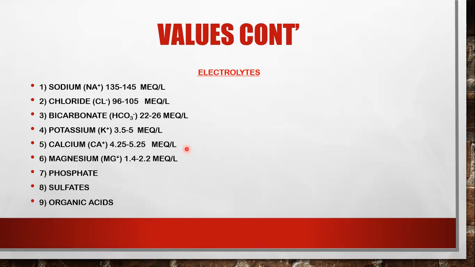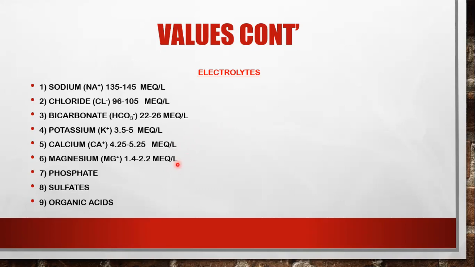Jessica, what about the normal calcium? That's going to be 4.25 to 5.25 milliequivalents per liter. Good, good. And Kelsey, what's the normal magnesium? 1.4 to 2.2 milliequivalents per liter. Good.